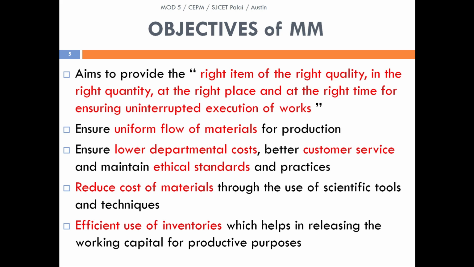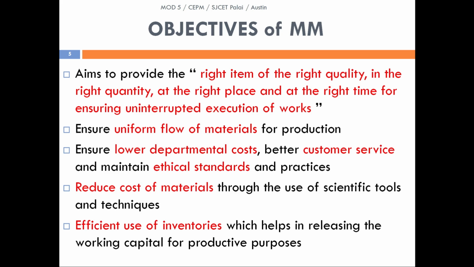So we have to provide extra care for those materials, otherwise they may get destroyed over a period of time. So we have to analyze through scientific tools and techniques which materials require specific attention, and by what methods those can be properly procured, properly stored, and properly handled, so that we can reduce the cost of materials or the maintenance of materials.